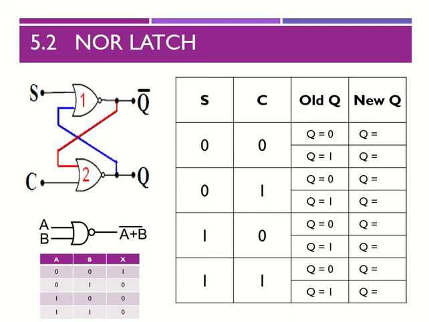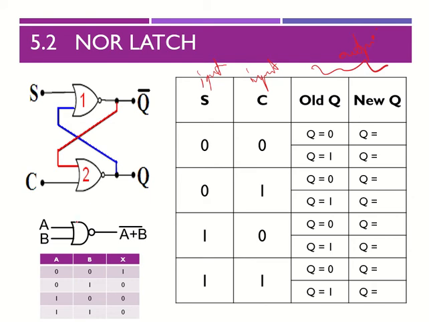So as I mentioned earlier, you have S and R as the inputs. Your S and R are the inputs over here, and you're going to have an output over here. As I mentioned earlier, you're going to use the NOR gate.